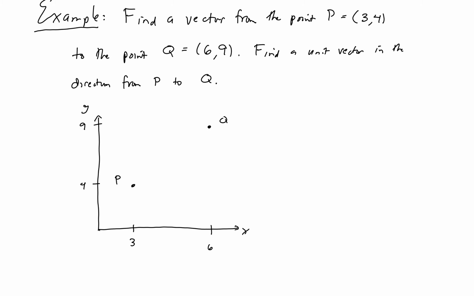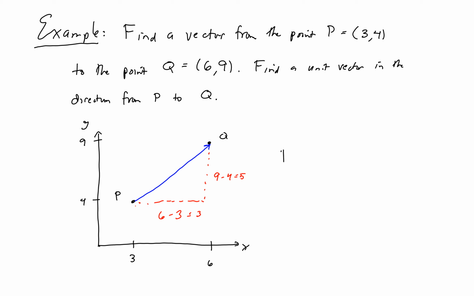What I would like is a vector that goes from P to Q. So we can see from this, I need to go 6 minus 3, which is 3 in the x direction, and I need to go 9 minus 4, which is 5 in the y direction.